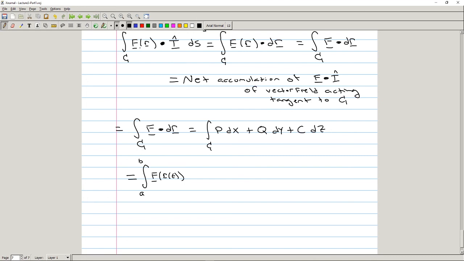This is f of r of t dot the unit tangent vector, which is r prime of t divided by the magnitude of r prime of t. And then with respect to ds, which is really just the magnitude of r prime of t dt.